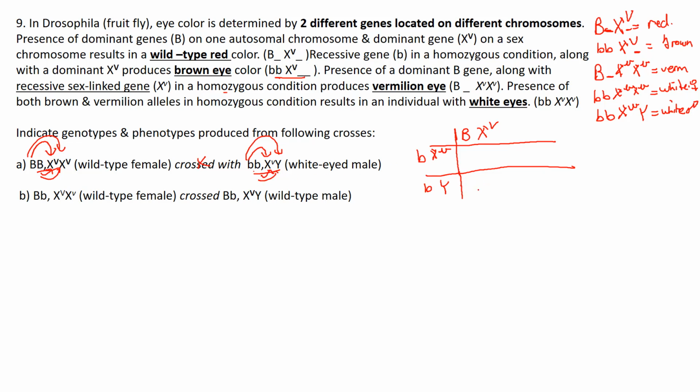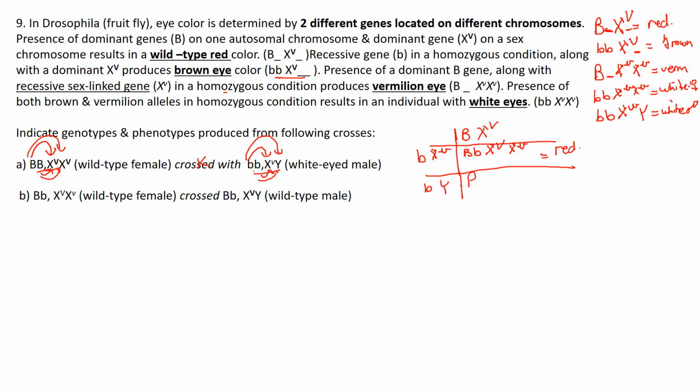So we've now taken this Punnett square and we made it into two blocks. Bring them together, capital B, little b, X with a capital V, show the dominant first, and a little v. So as long as I have a B with a big V, I don't care what the other alleles are, this is going to be wild type red.